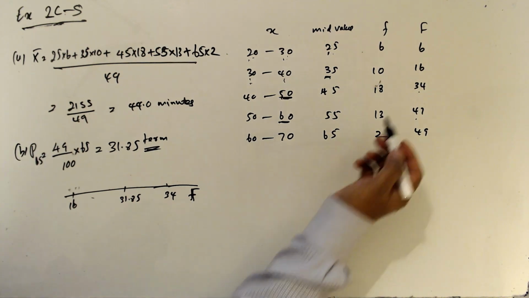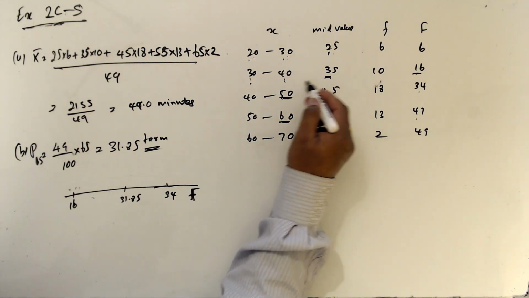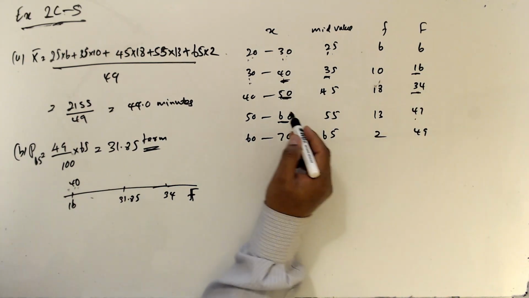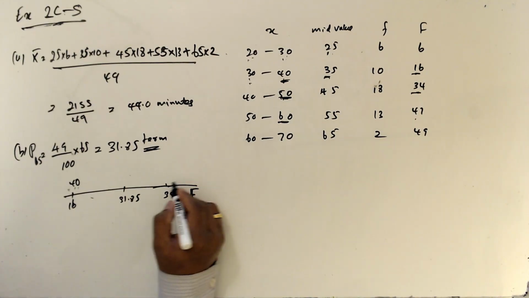So this is frequency, and the 16 boundary is 40 and the 34 boundary is 50.